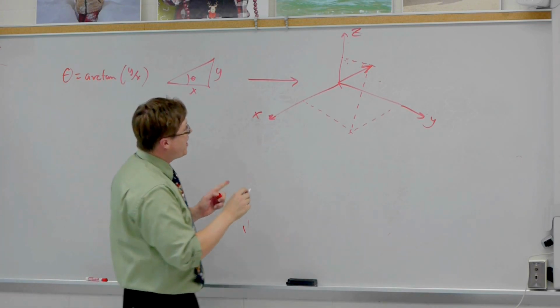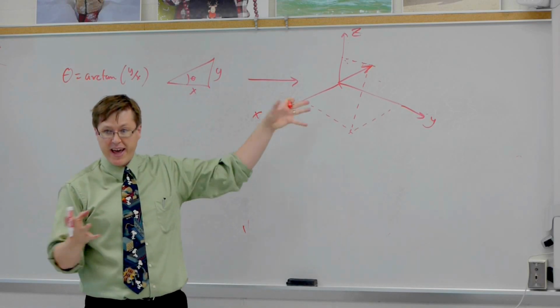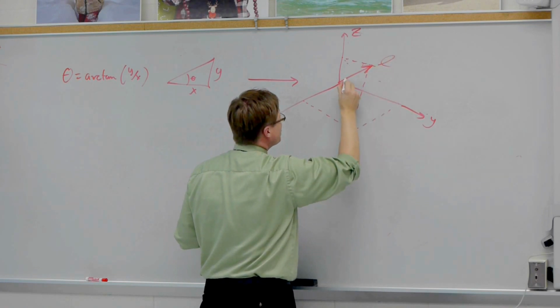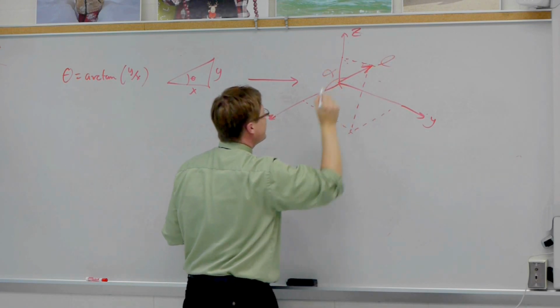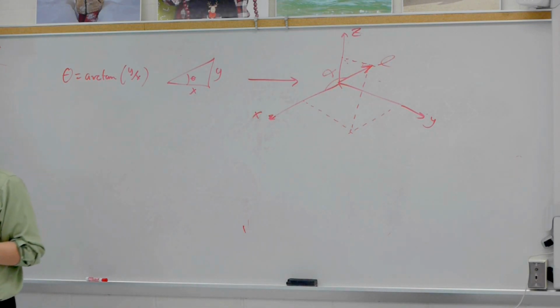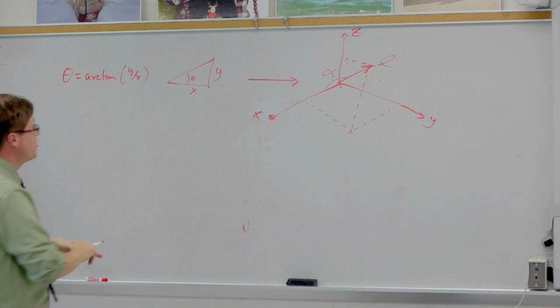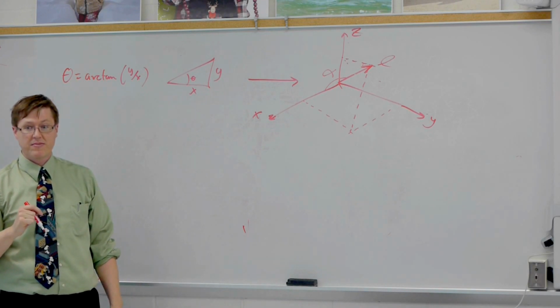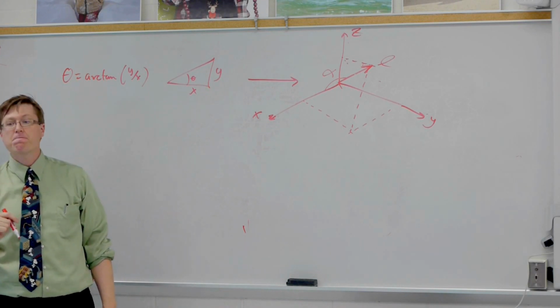If I had an actual model of this, I could measure the angle between my line and the x-axis. Because the line and the x-axis just form a plane, because it's two lines. So ignore everything else, put a protractor and measure from there to there.